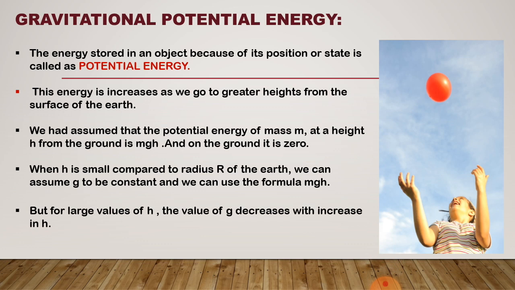When height is small compared to the radius r of the earth, we can assume g to be constant, and we can use the formula mgh. But for large values of height, the value of g decreases with increase in height.